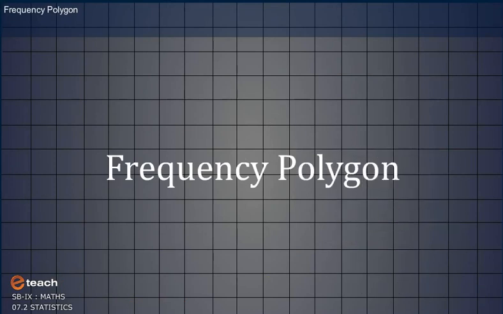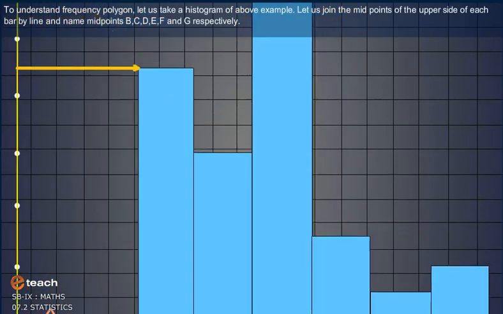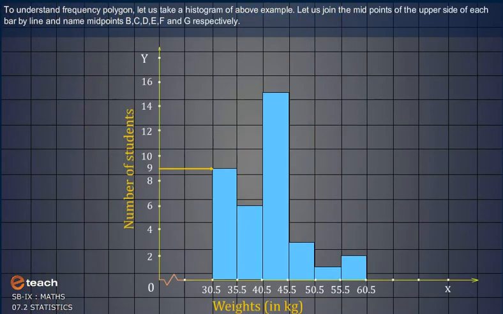Frequency polygon. To understand the frequency polygon, let us take the histogram of the above example. Let us join the midpoints of the upper side of each bar by a line and name the midpoints B, C, D, E, F and G respectively.